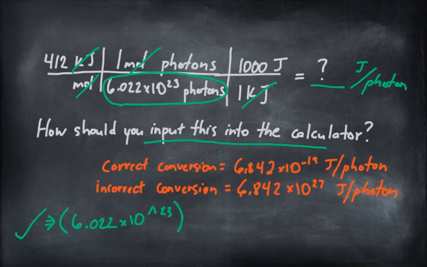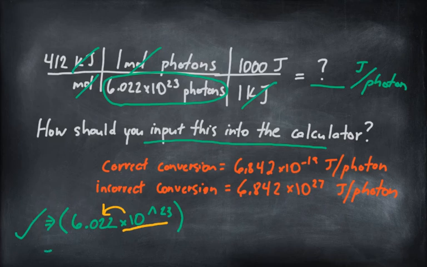That way you'll ensure that this times 10 to the 23 applies to this, and you do not mix any other functions. If you do not put 6.022 times 10 to the 23 within parentheses, you will get the incorrect conversion factor, depending on how you approach the conversion.